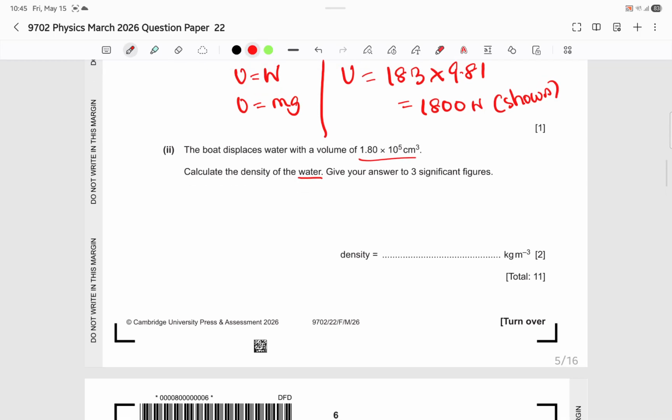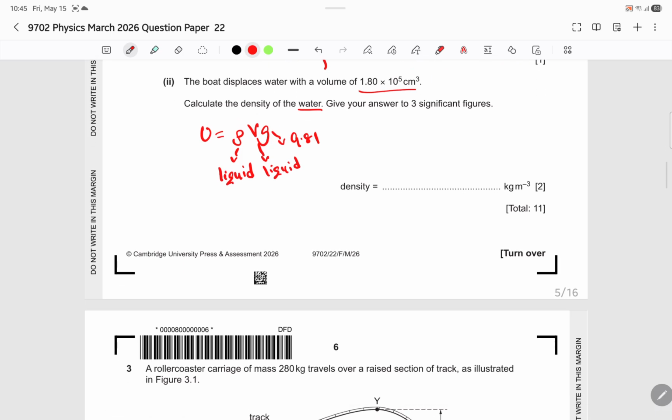But the formula for upthrust is rho Vg, which means density of the liquid, volume of the liquid displaced, and g is 9.81. Upthrust we know is 1800, and density we have to figure out. Volume we know is 1.80 into 10 to the power 5, and g is the constant 9.81.